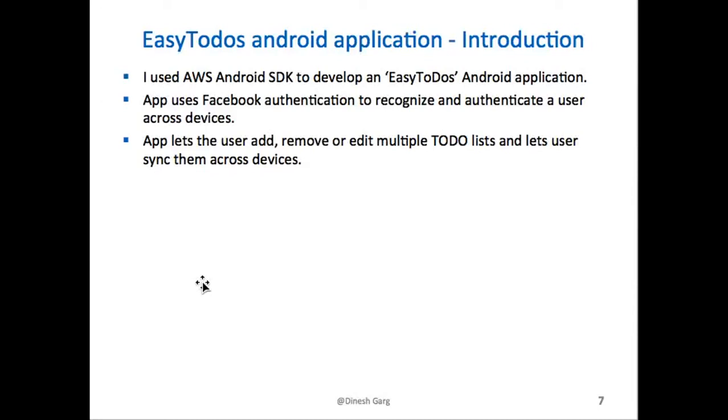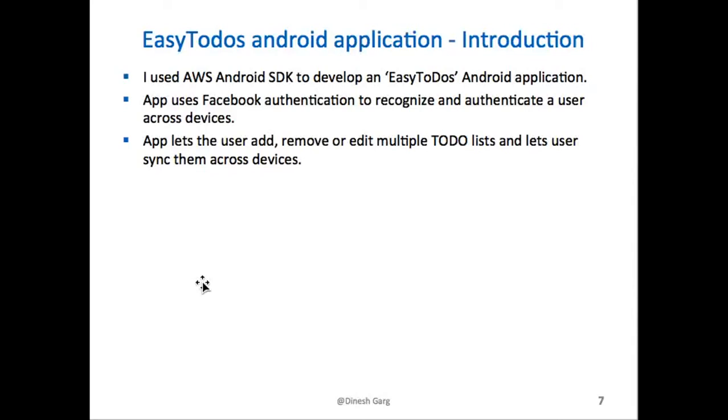A common application of this could be that, let's say I'm at home, I'm working on my tablet and I'm writing some of the to-dos, but later on I'm in the market, and I want to access those to-dos. If I sync those to-dos from my tablet, I'll be able to access them on my mobile phone.